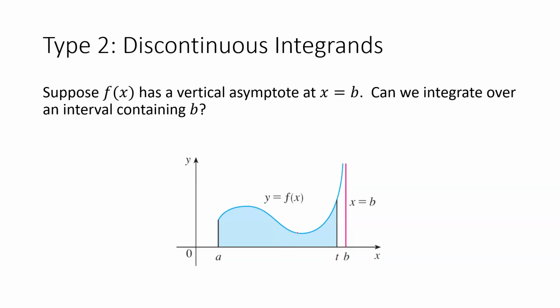So for instance, here in this picture we have a vertical asymptote in the graph at the right endpoint b. So how can we integrate this function from a to b if it has a discontinuity here at the right endpoint b?